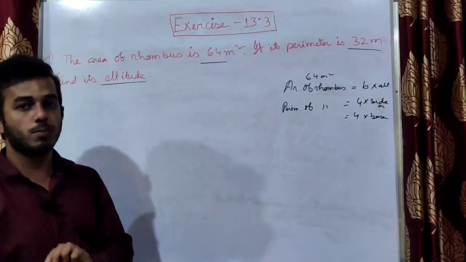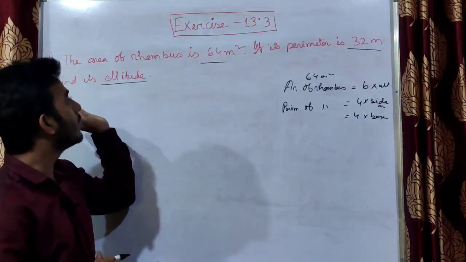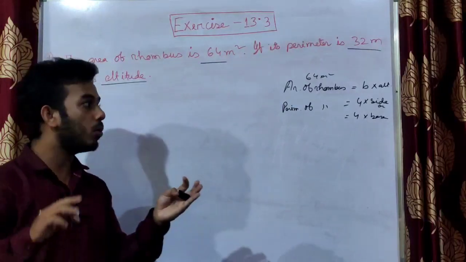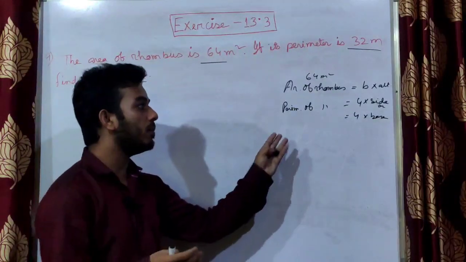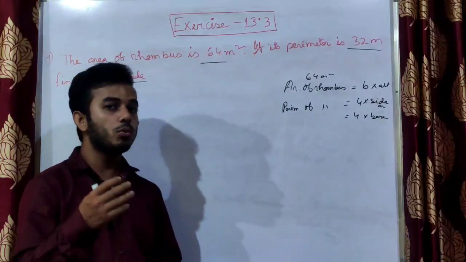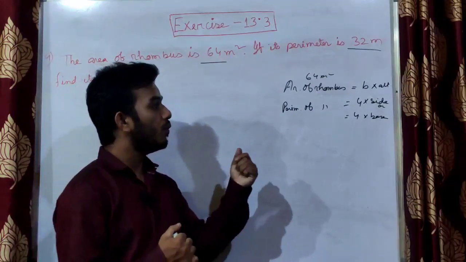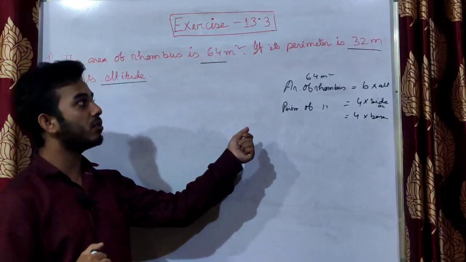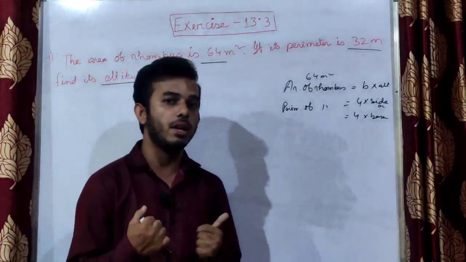Knowing altitude is not possible from the information given in the question, because there is no hint of altitude, but we can find base. How can we find base? We can find base from its perimeter, right? Because we know perimeter of a rhombus is 4 into side, and here perimeter is given, and we can find side or base from the perimeter.